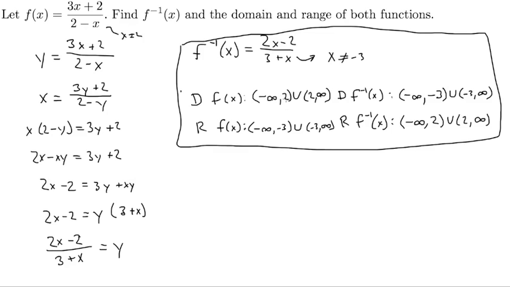The x values in the original become the y values in the inverse, and the x values in the inverse become the y values of the original. So this is meant to be more of a "do you remember how to do this?" There's nothing too terribly difficult here. Just remember this simple fact: when we go from an original function to its inverse, the x and the y values trade places. If you can remember that, we can find the domain and range of both functions very quickly, very easily.